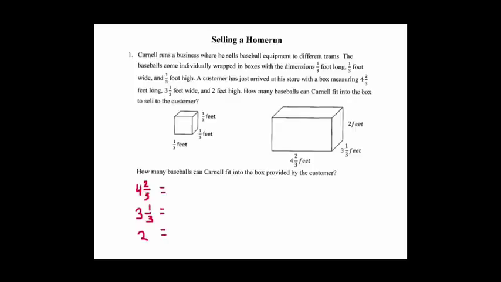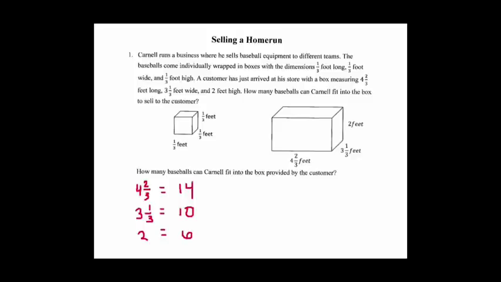So how many 1/3s are in 4 2/3? You go 4 times 3 is 12, plus 2 is 14, so you get 14 thirds. The next one, 3 1/3 is equal to 3 times 3 is 9, 9 plus 1 is 10, and then 2 times 3 is 6.